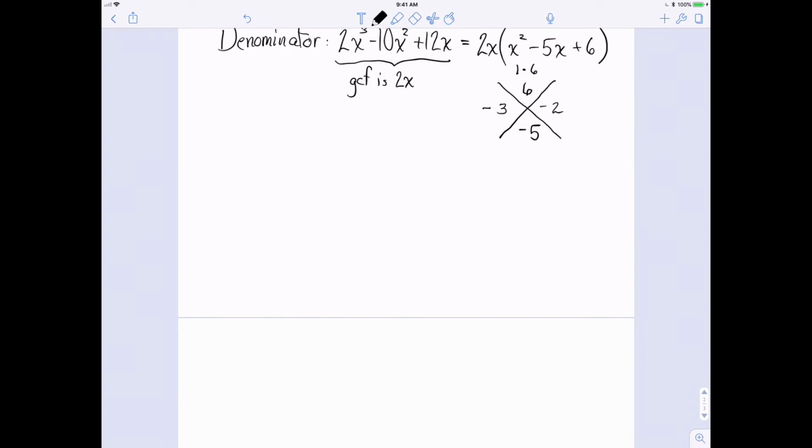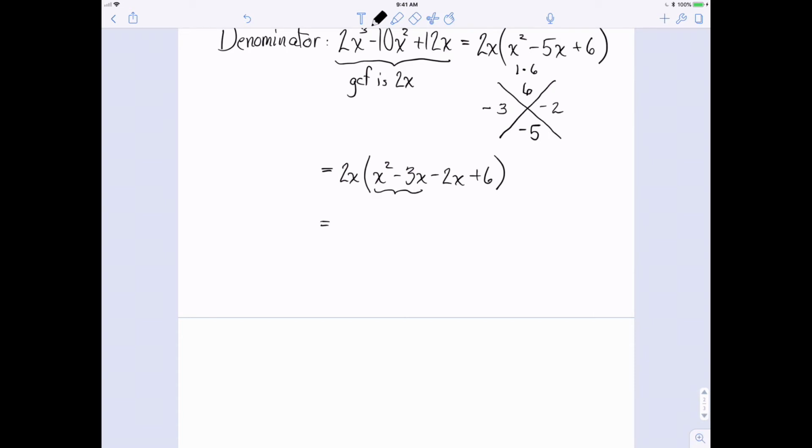There. Now we use the answers from the game to write this as 2x times x squared minus 3x minus 2x plus 6. And then we can factor by grouping.